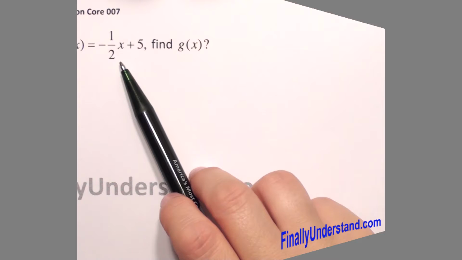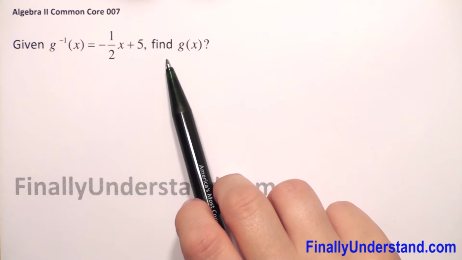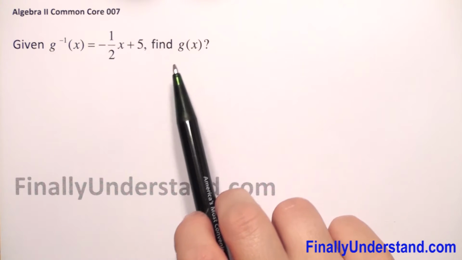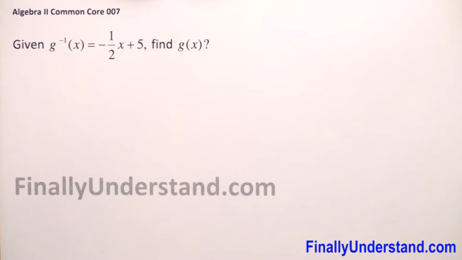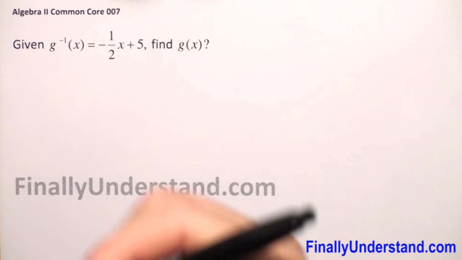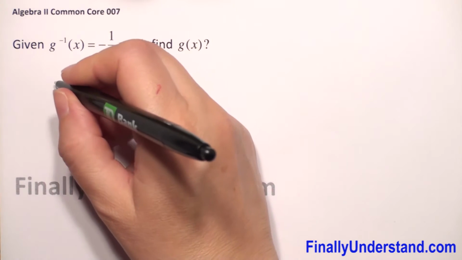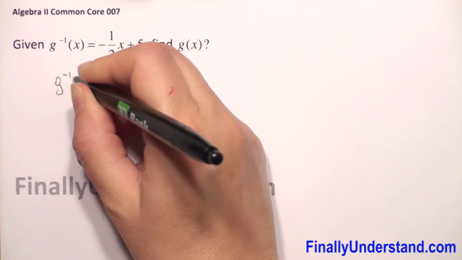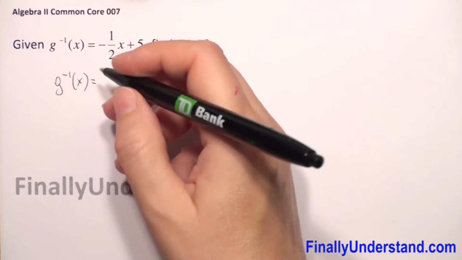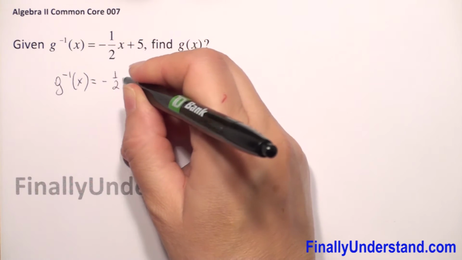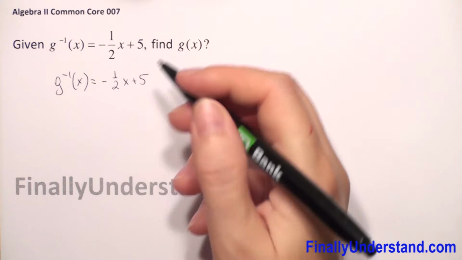We have been given the inverse function g, which is equal to negative 1/2 x plus 5, and we have to find the g function. First we will rewrite our inverse function g. This is equal to negative 1/2 x plus 5.